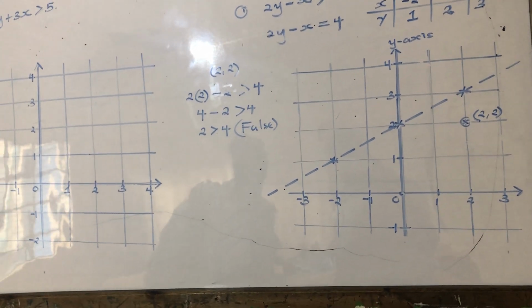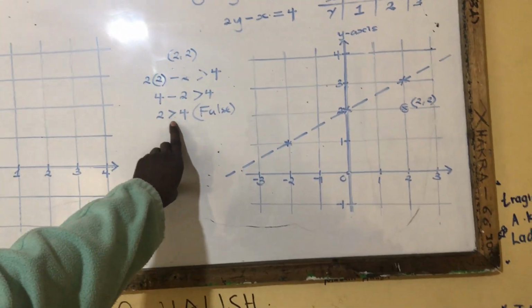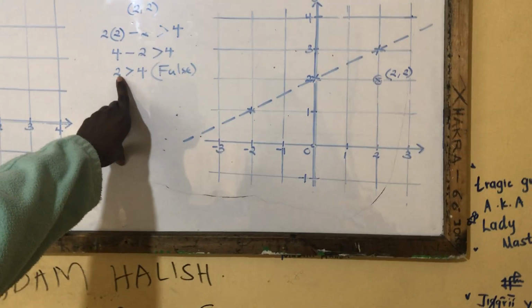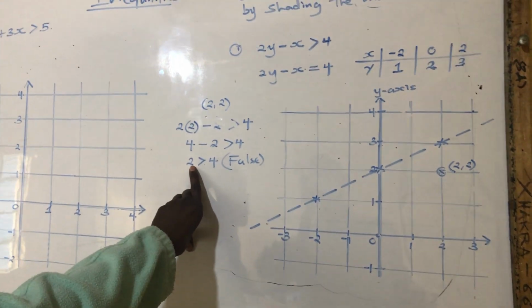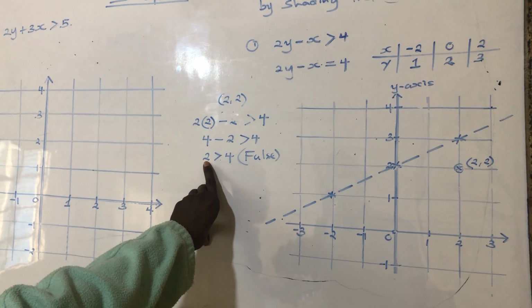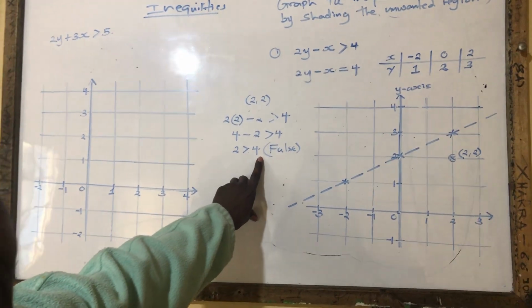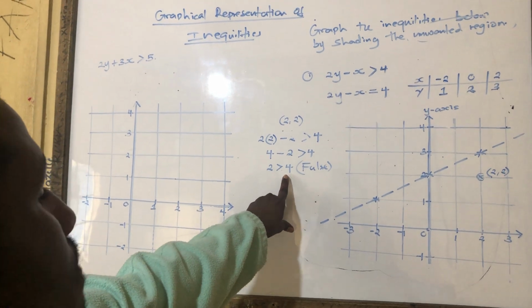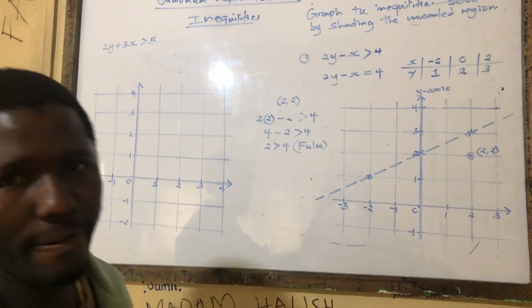The reason is that what you are getting from it is false. 2 cannot be greater than 4. Mathematically, 2 should be less than 4. That communicates that what I'm getting here is mathematically false. And because it's mathematically false, what does it mean?